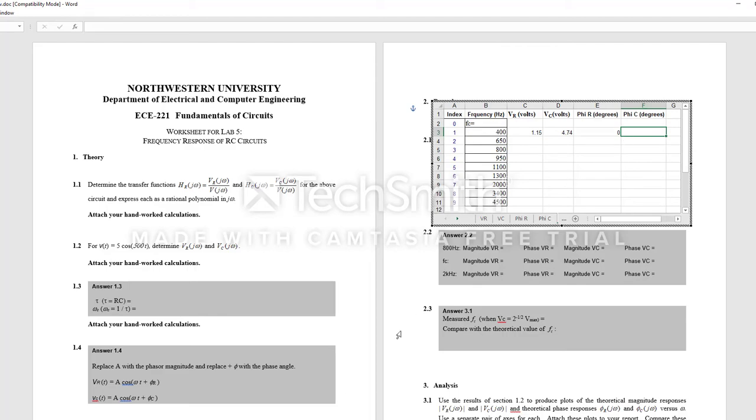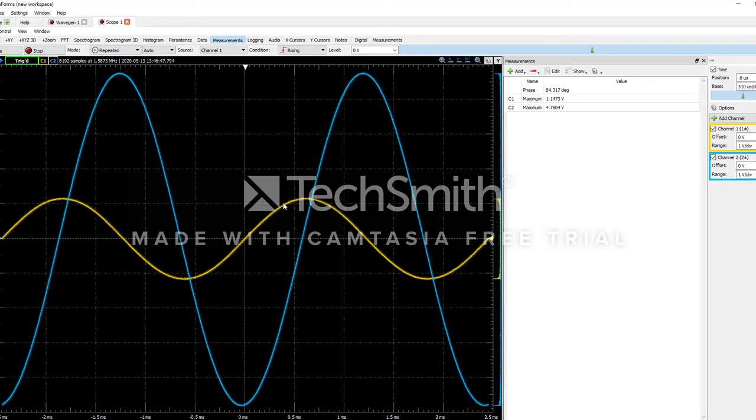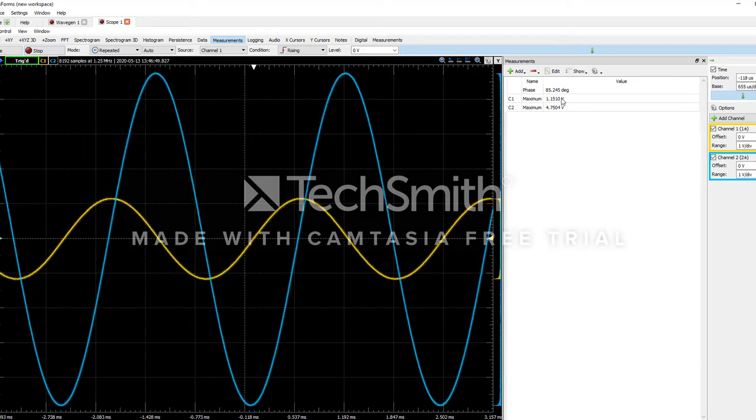Now we said the capacitor voltage is out of phase, and the phase measurement actually shows that. It literally finds the phase difference between channel 1 and channel 2, and it's around 85.2. Let's write it that way.